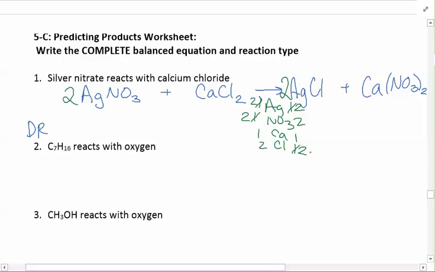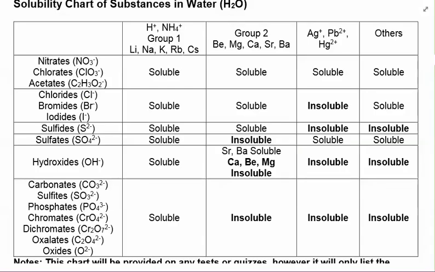I just need to determine my phases. So we're going to take a look at our solubility chart. On our solubility chart, we had silver, which is right here, nitrate, which is soluble. We also had calcium chloride. Generally speaking, your reactants are going to be soluble. It's going to be the products that generally, if you have a precipitate form, that's where it's going to form.